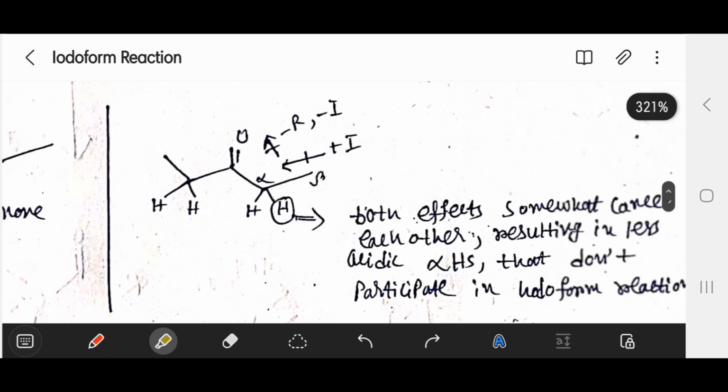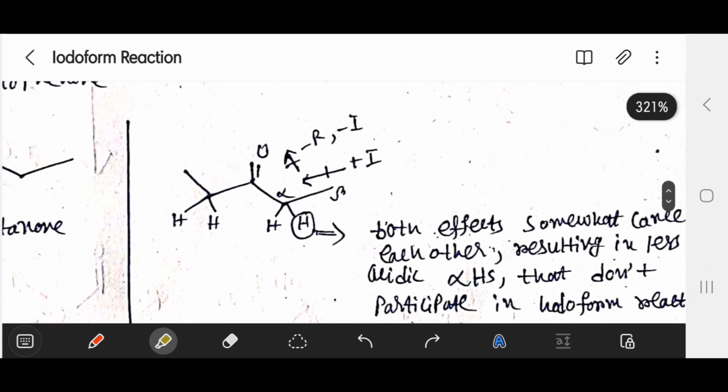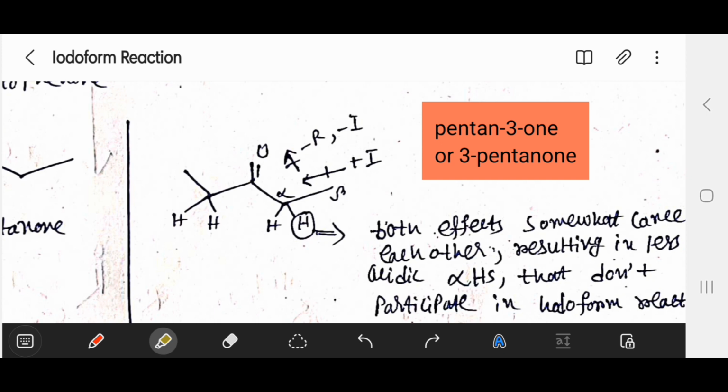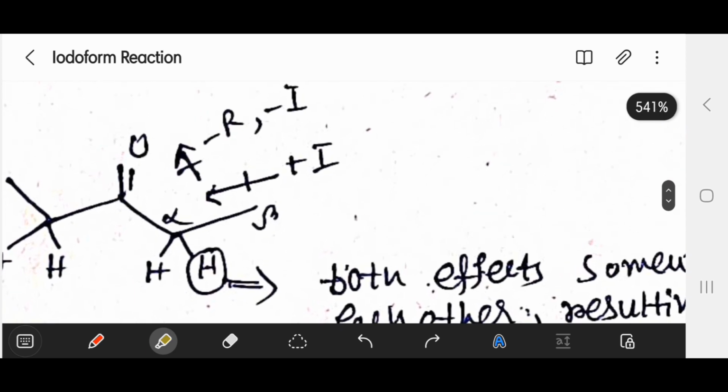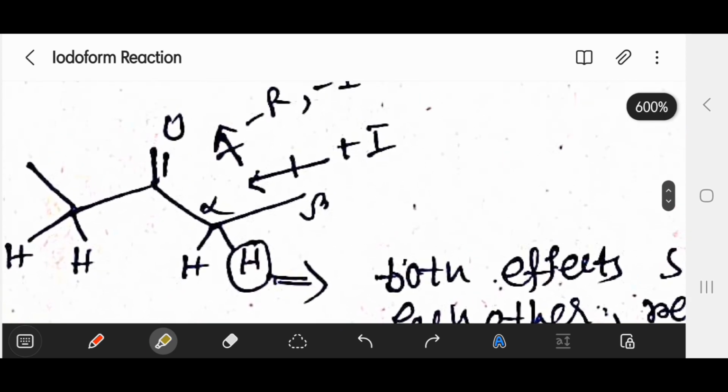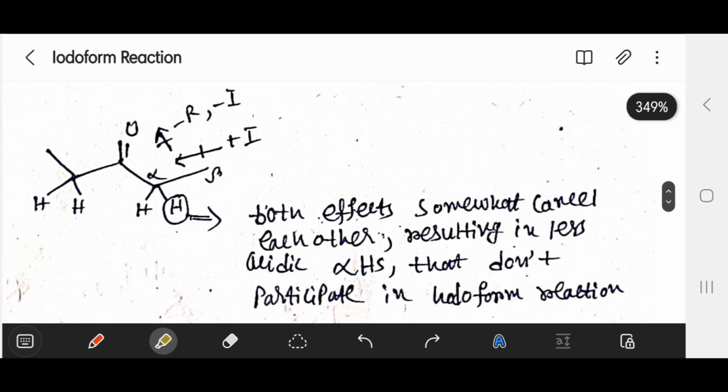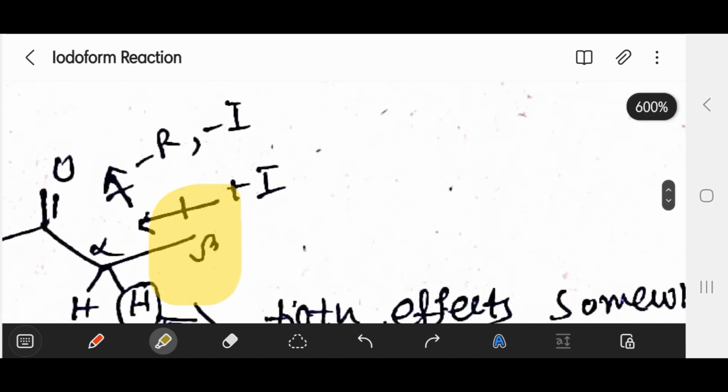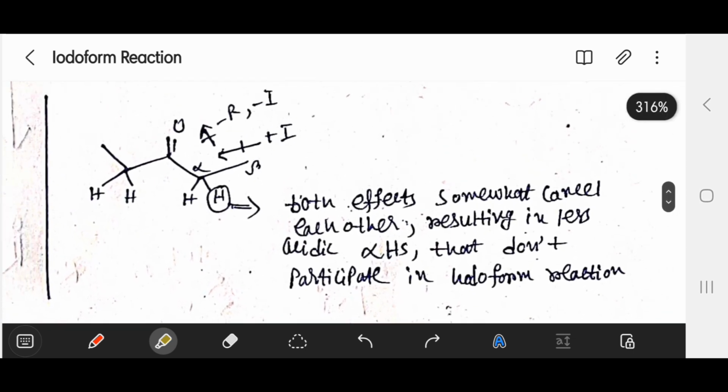And this is the example of pentan-3-one, and pentan-3-one won't react at all, because although the hydrogens on the alpha carbon are under the -R and -I effects of the carbonyl, these effects are relatively neutralized by the +I effect of the beta methyl, this CH3 part. So these types of compounds do not react in haloform reactions.